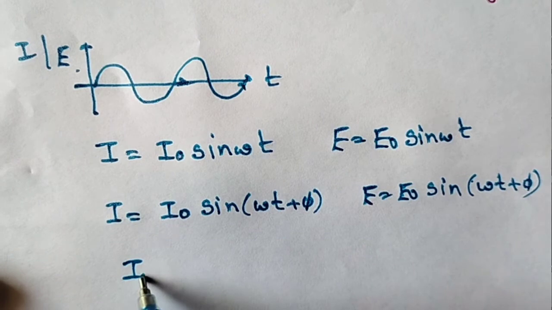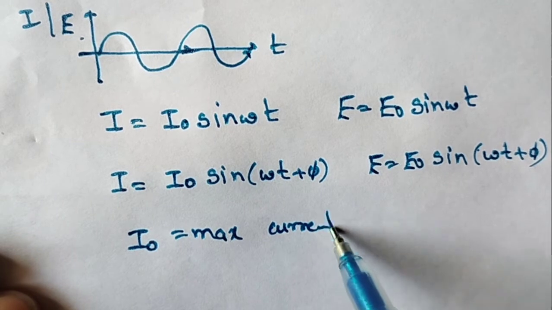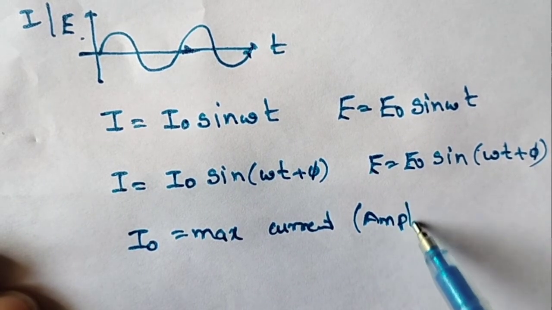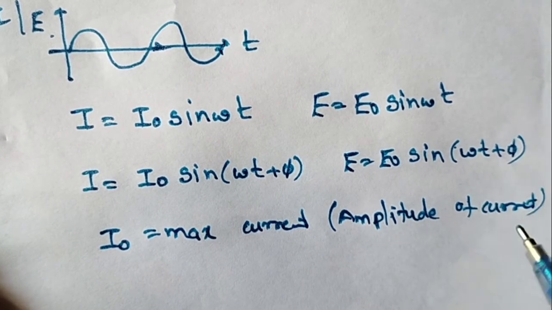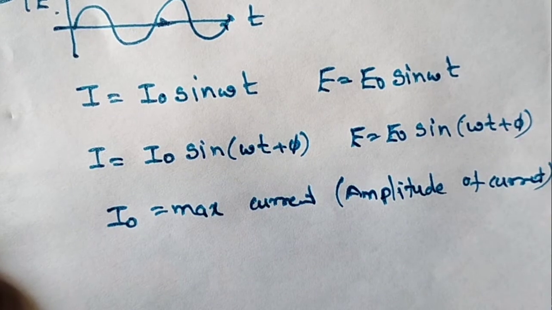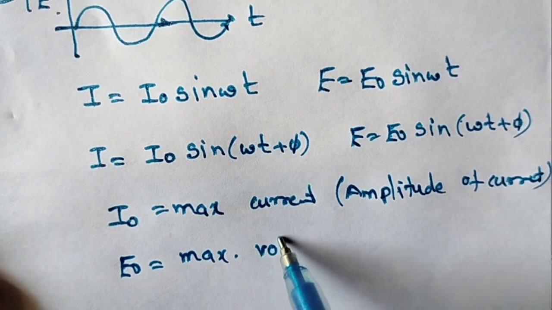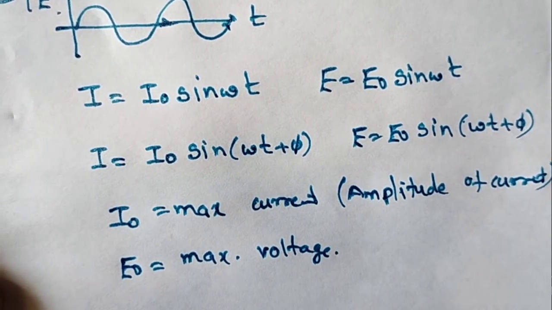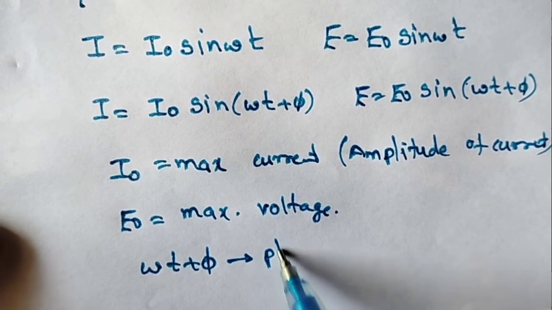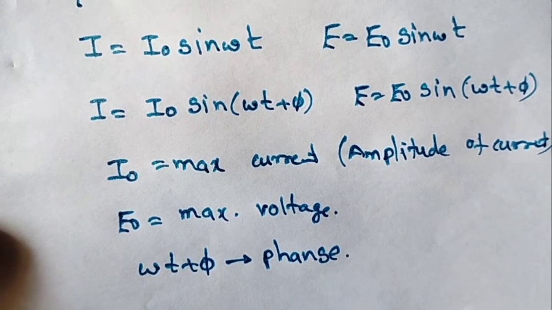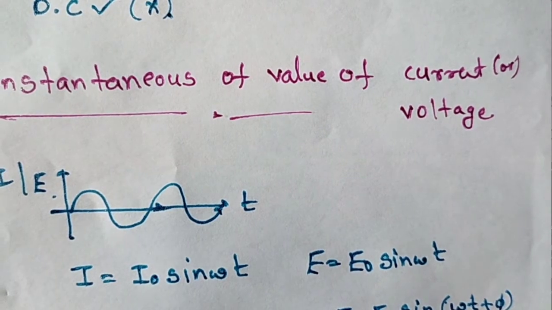Here I naught is the maximum current or amplitude of current in a particular circuit, and E naught is the maximum voltage, and omega t plus phi is called the phase. This is called instantaneous current and voltage.